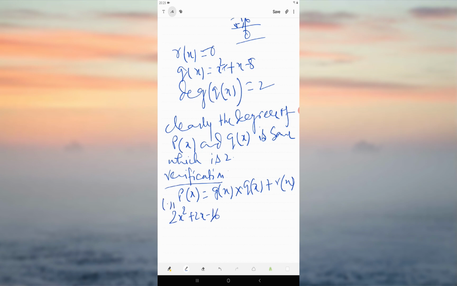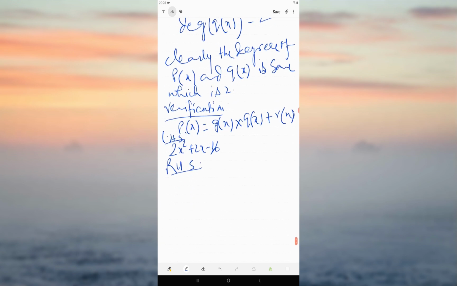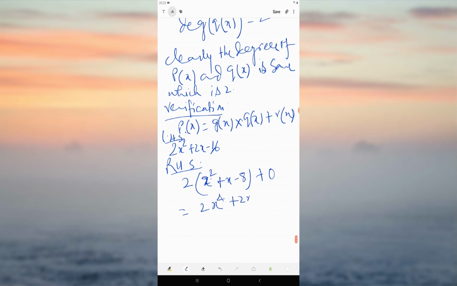This is our LHS, and the RHS is, what g(x) did we get? 2 into q(x), which is x square plus x minus 8, plus r(x), which is 0. So this gives us 2x square plus 2x minus 16 plus 0, which is 2x square plus 2x minus 16.